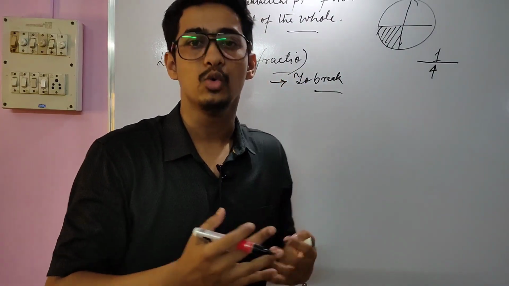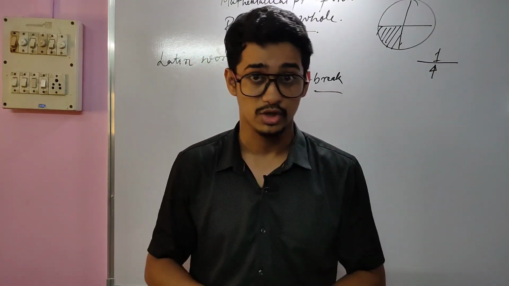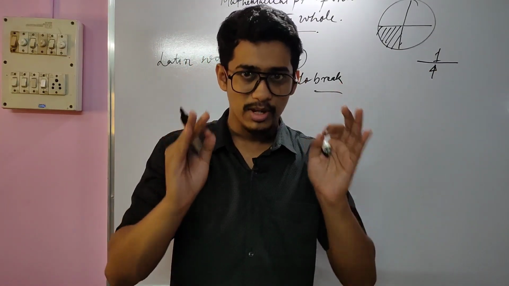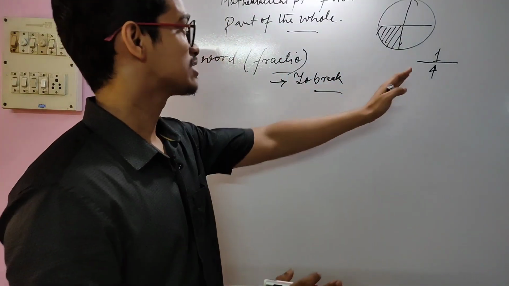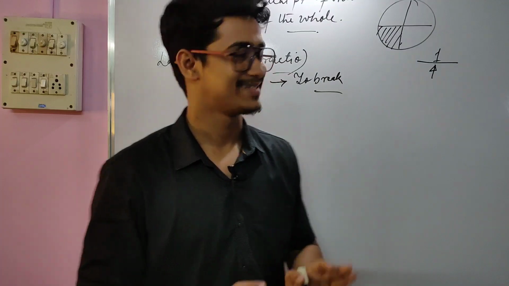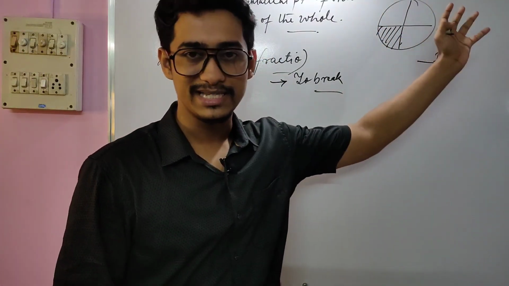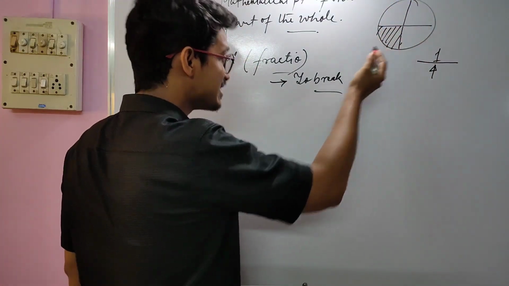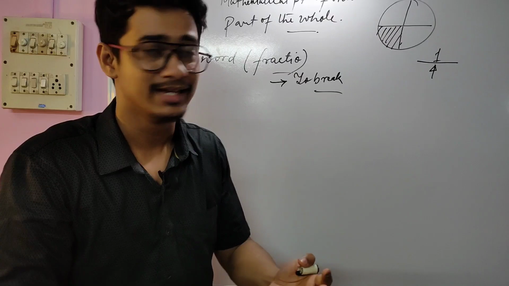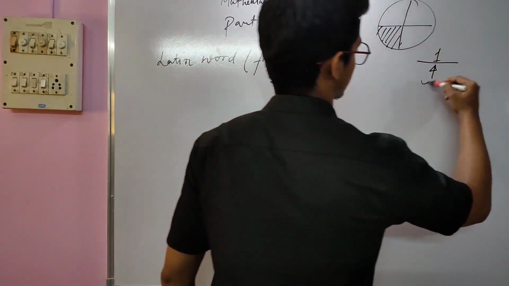If there is no equal part, then we cannot say that that is the representation of fraction. So remember this as always, that there must be equal parts. So to break, like if there is a complete pizza, no? If I divided this pizza into 4 equal parts, that is actually to break that pizza into 4 equal parts, that is actually fraction.